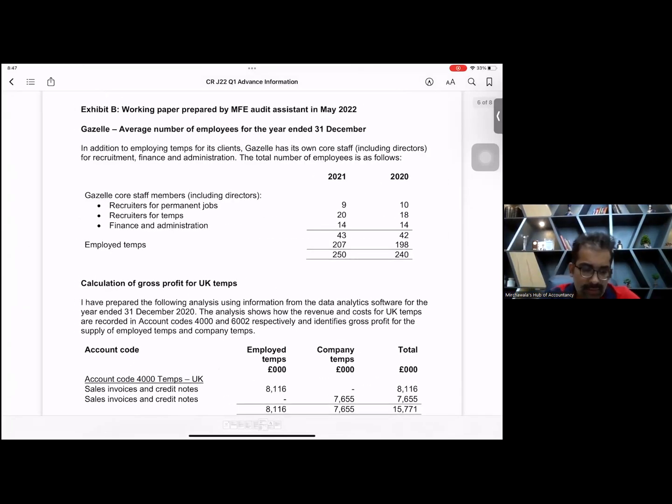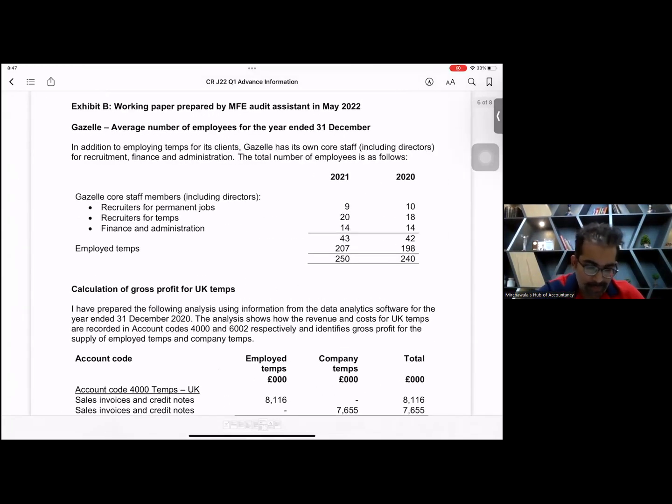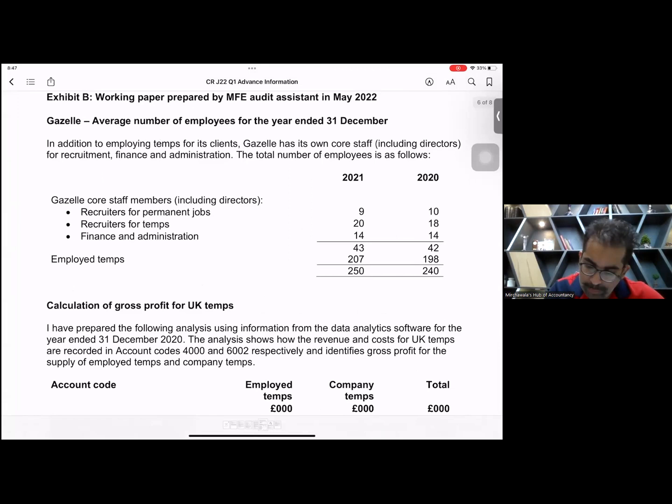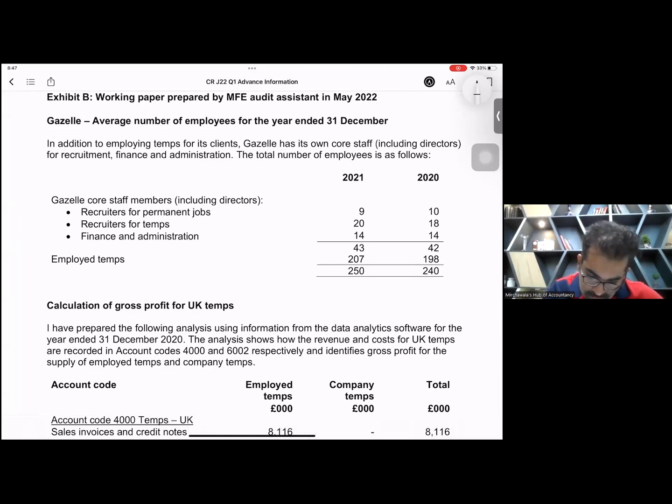Now the next page, please. Exhibit B, working paper. In addition to employing temps for its clients, Gazelle has its own core staff, including directors. Now, you can compare it with 2020. Recruiters for permanent jobs was 10, now it's 9. Recruiters means our own people.